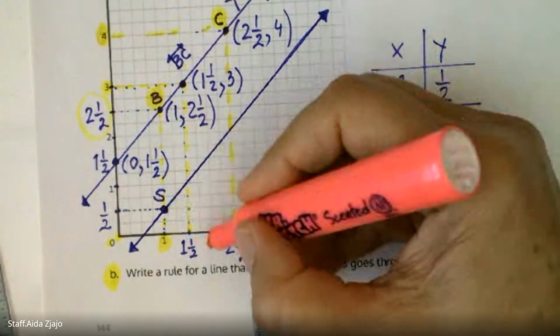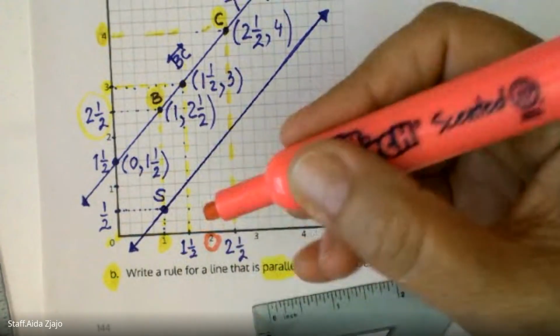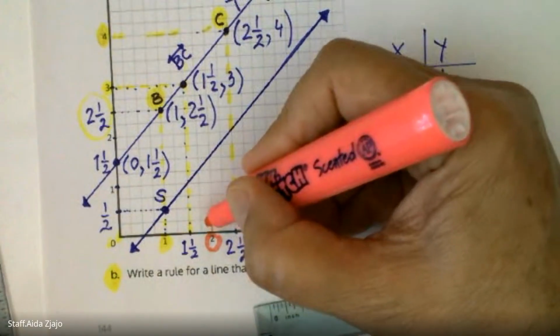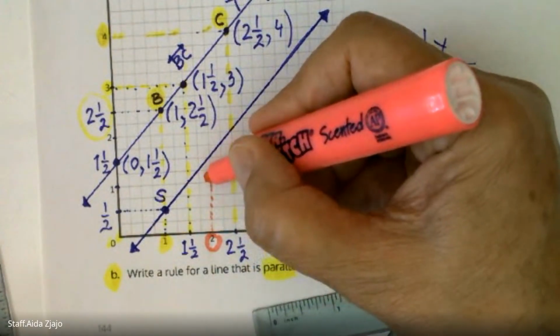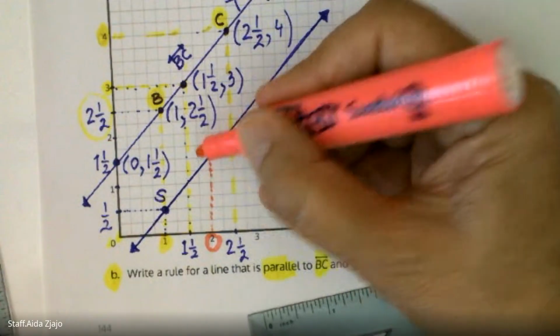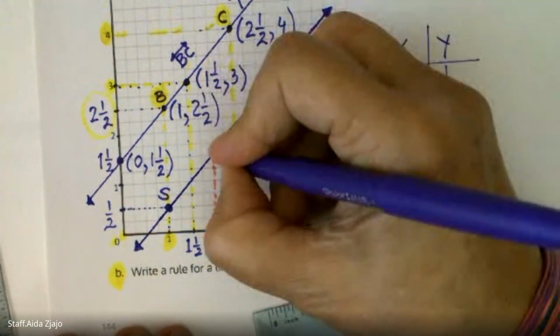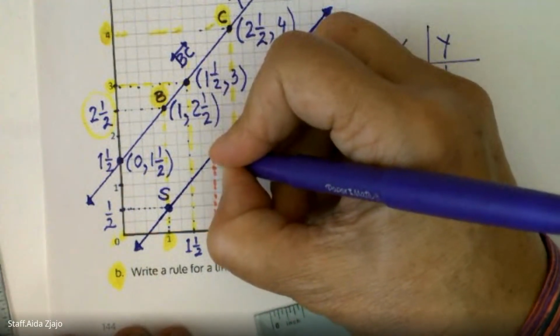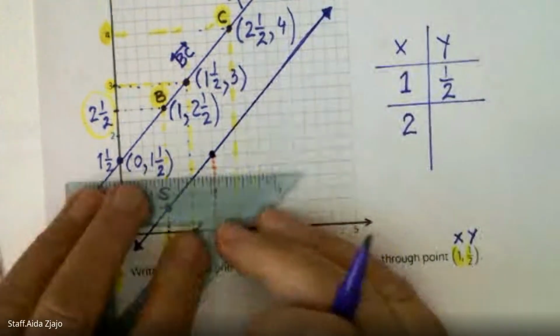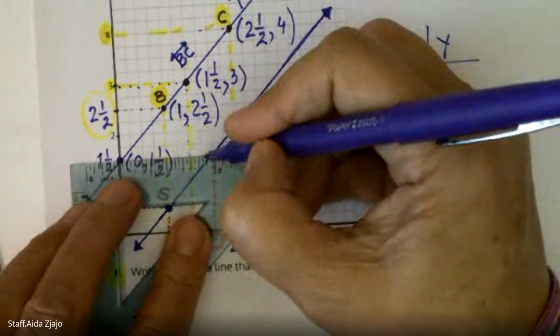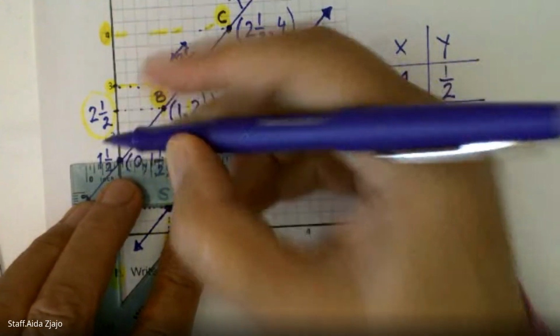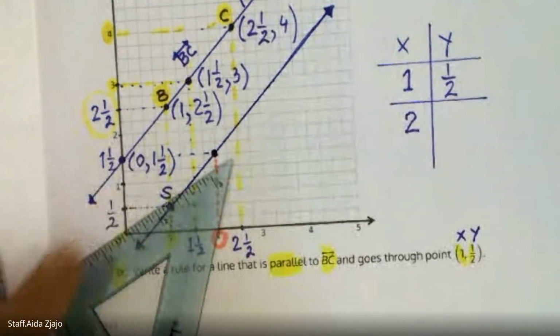If I choose 2, I go up in my dashes till they meet, and the point is right there. So right here is my new point, and if I go back to y, that is 1.5.